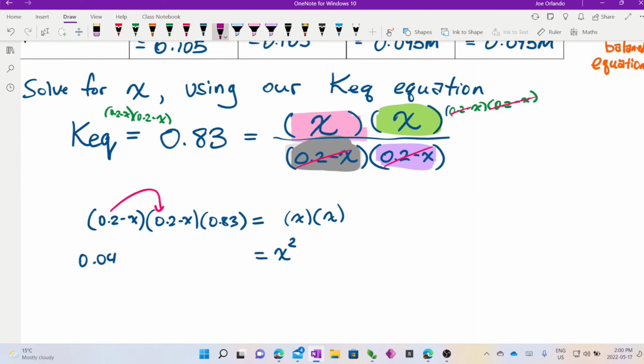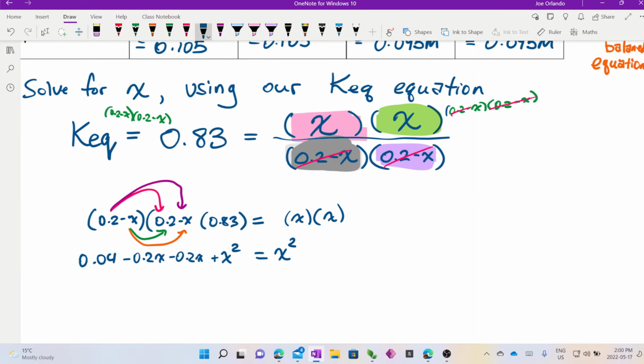What is 0.2 times negative x? Very good. What is negative x times 0.2? Again. And what's negative x times negative x? Positive x squared.